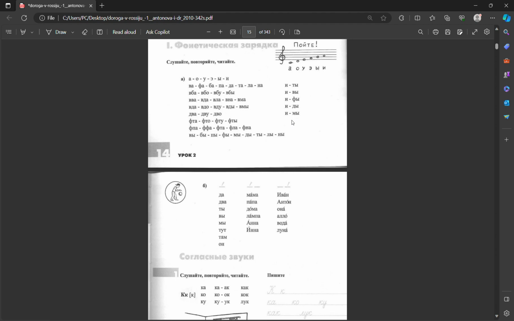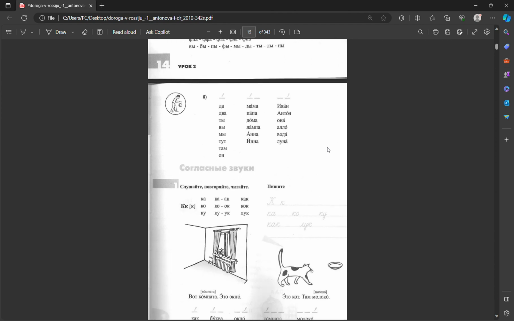Now, we've listened, repeated, and read most of these words, but not all of them, because some of them are not very important here. Now let's move on to the words that we made in the previous lecture. Let's mark them with a pen.